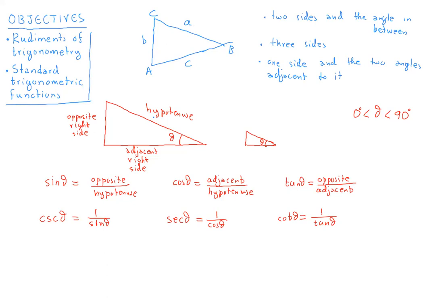So just to give you an idea. For 30, 45, and 60 degrees, the sine is correspondingly 1/2, square root of 2/2, and square root of 3/2.